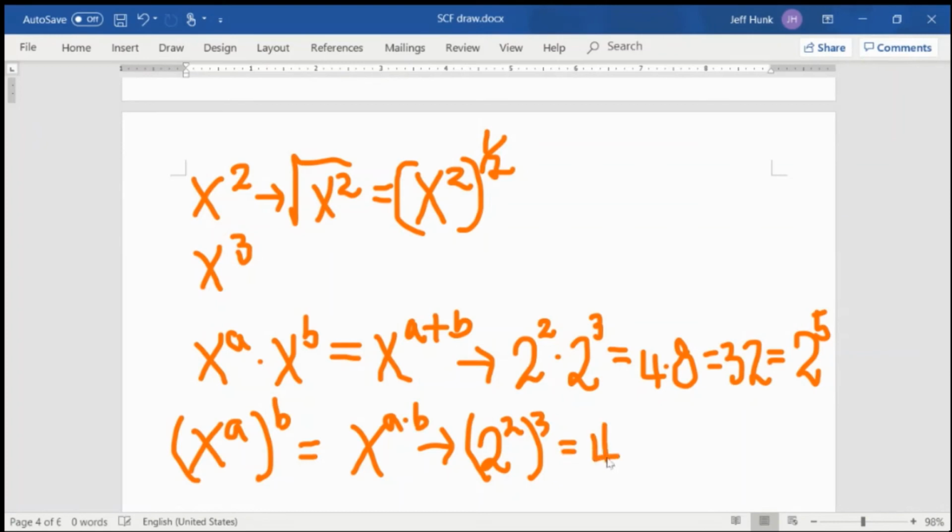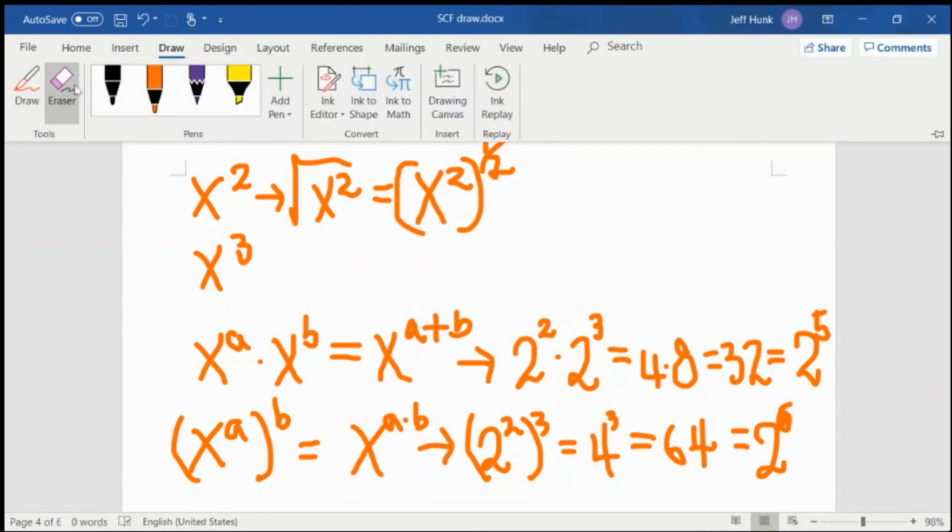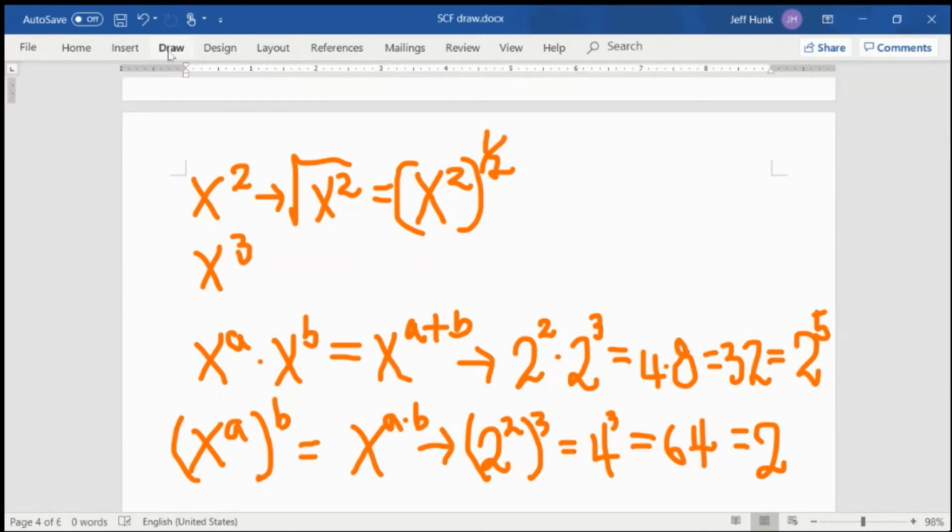It's 4 to the 3rd power, which is 4 times 4 times 4, which is 16 times 4, 64. Which is exactly 2 to the 6th power, right? You can verify easily. So this rule works.